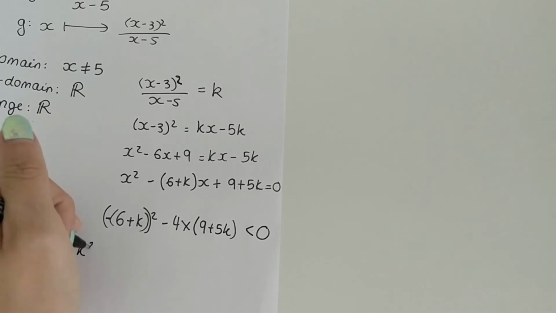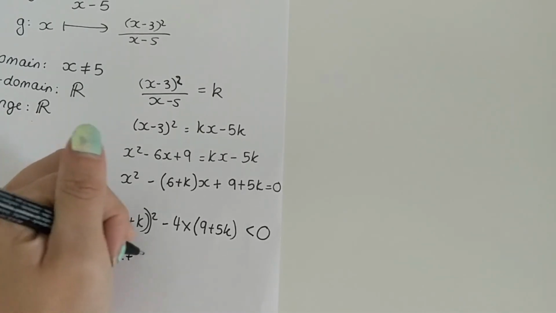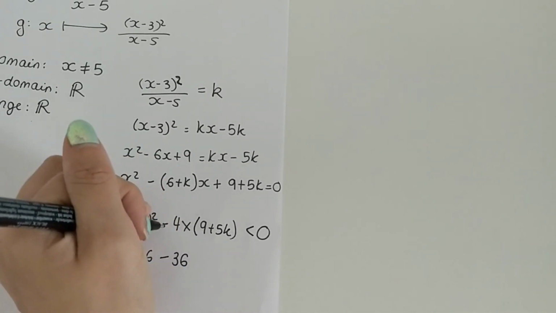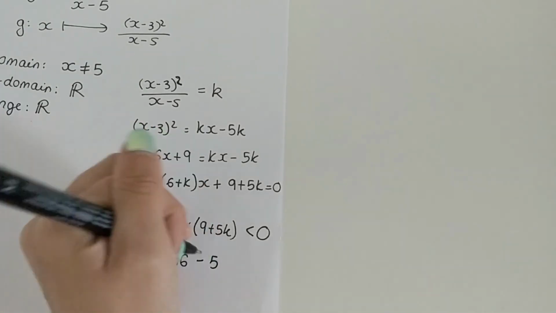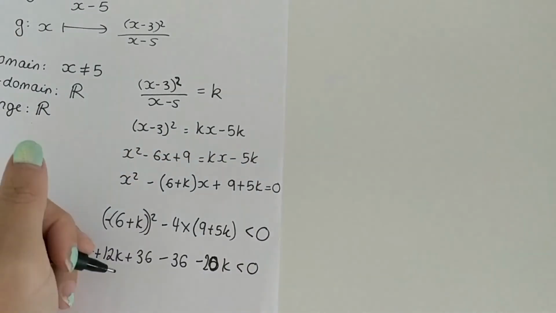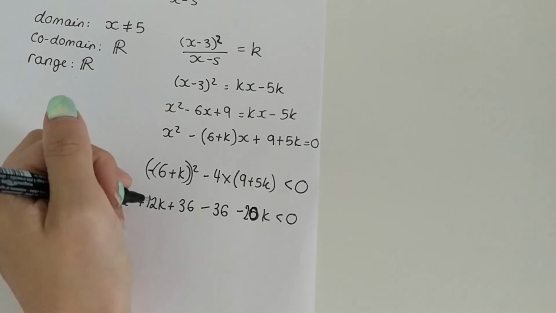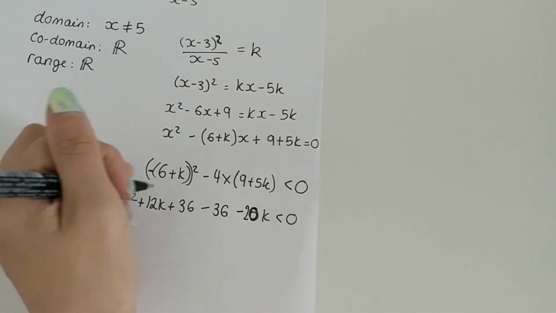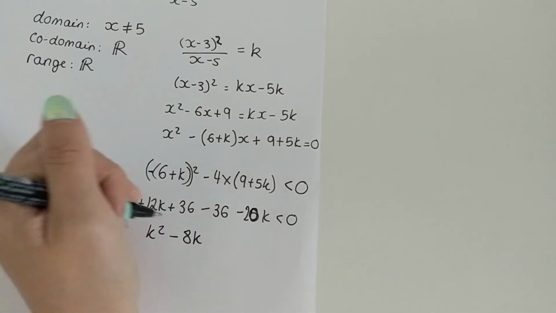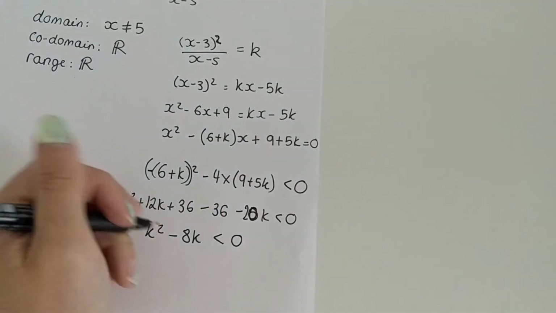Let's expand that out. Oops, 20k. Okay, they cancel out, interesting. Minus 8k, is this a 0?